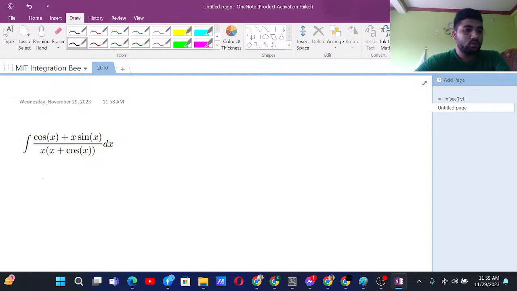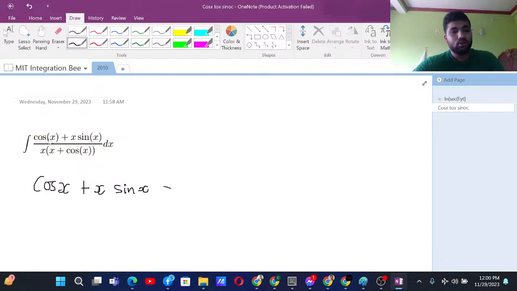So what we can do is write cos x plus x sin x as something like the derivative of this expression plus this original expression as well. Yeah, and that way it will help, I guess.